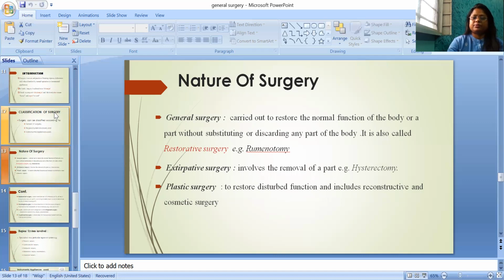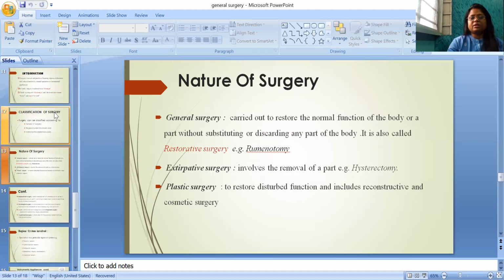According to nature of surgery, the first is general surgery. What do you mean by general surgery? General surgery is carried out to restore the normal function of the body or a part without substituting or discarding any part of the body. It is also called restorative surgery.